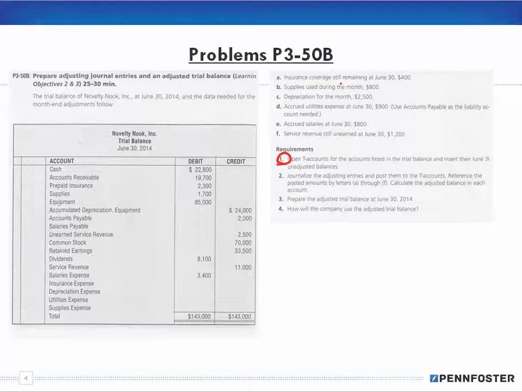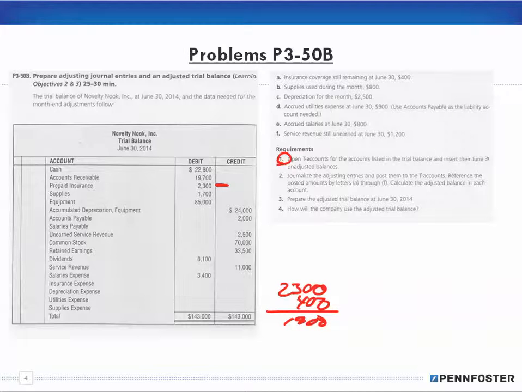A is insurance coverage still remaining at July 30th. I have prepaid insurance of 2,300, and I still have insurance coverage, the amount remaining being 400. The difference between 2,300 and 400 is 1,900.